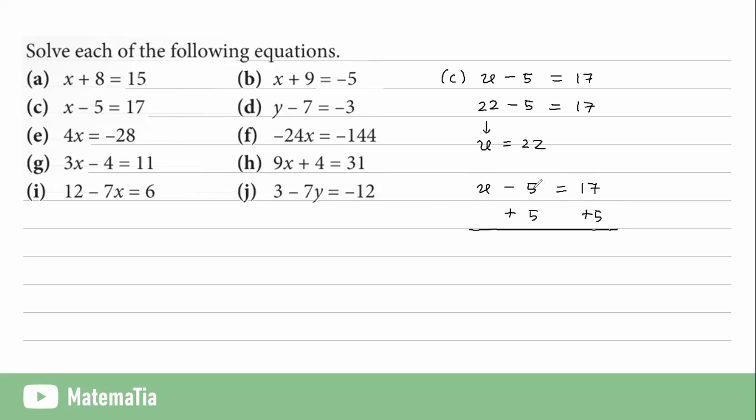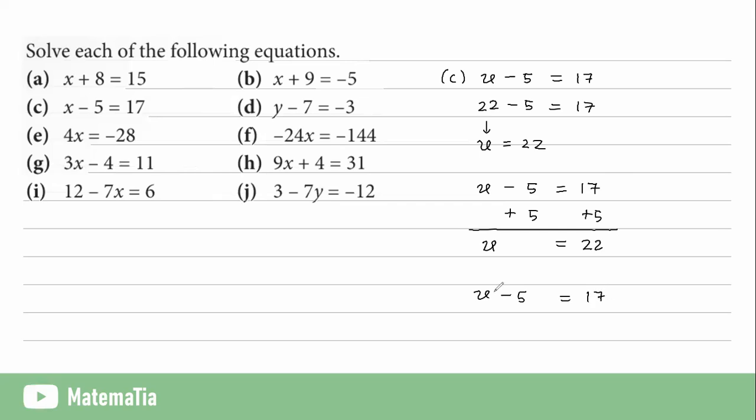So here, negative 5 plus 5 is equal to 0, right? So we only need to write x here. So it's equal to 17 plus 5. 17 plus 5 is equal to 22. It's the same, right?